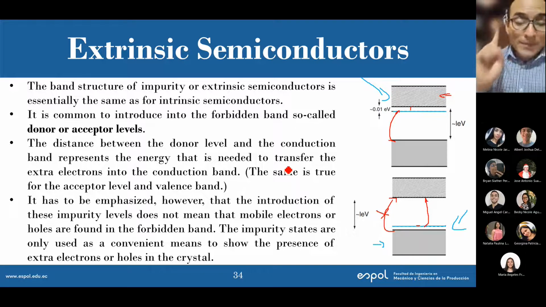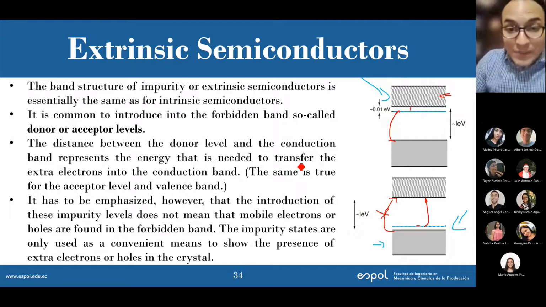So please bear in mind that these levels that you see there don't really mean that mobile electrons or holes are found in the forbidden band, because remember, this is the forbidden band that is supposed to be an energy gap. So it doesn't mean you have mobile electrons or holes there.